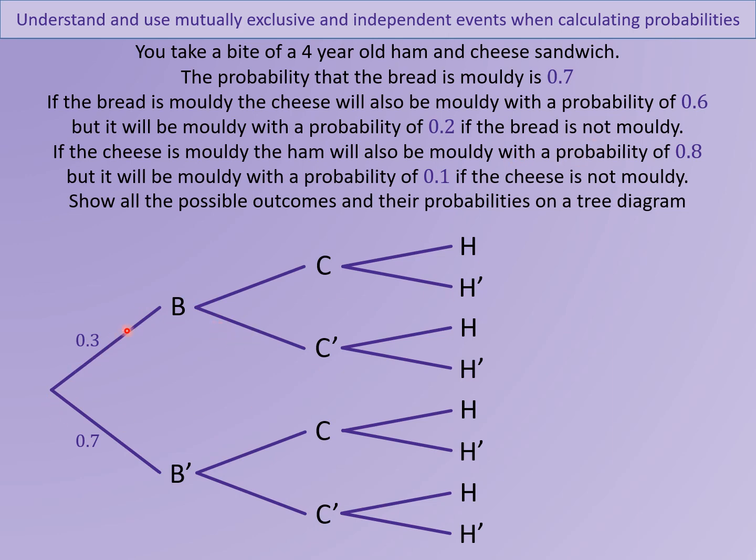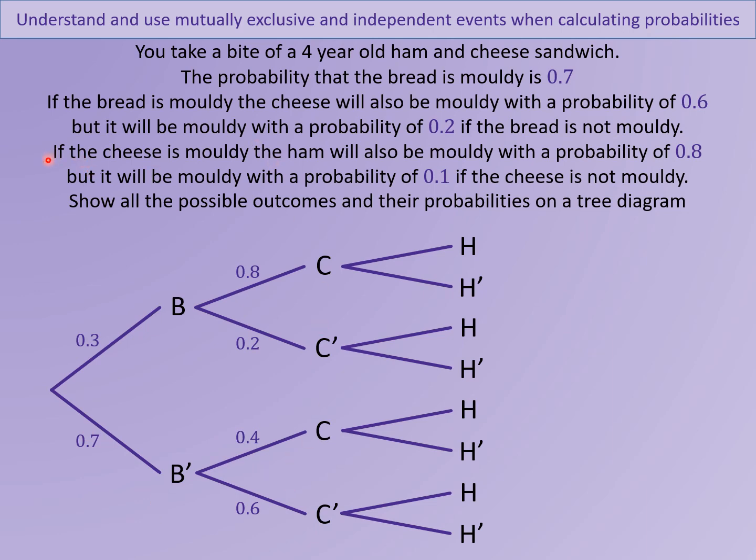So if that's 0.3, because it's not mouldy, then the cheese will only be mouldy at 0.2, so it's not too bad. Generally, the cheese will be okay if the bread is okay. I can also fill these in though. If the bread is mouldy, the cheese will be mouldy with 0.6, not mouldy with 0.4. So you can see there are different events depending on the bread. These are definite dependent events here.